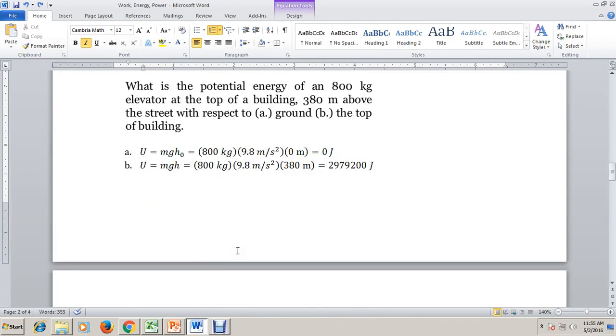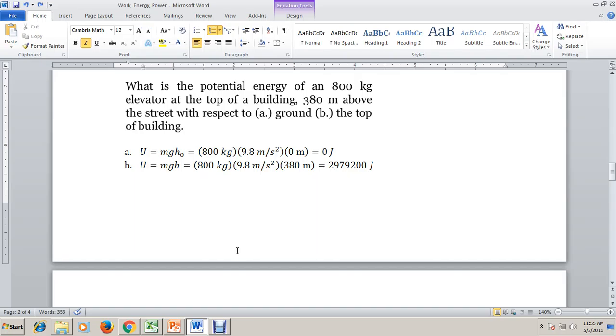Okay, so what is the potential energy of an 800 kilogram elevator at the top of a building 380 meters above the street, with respect to the ground, and letter B, with respect to the top of the building?